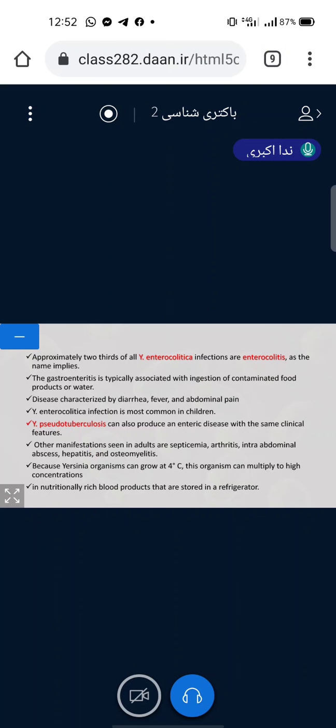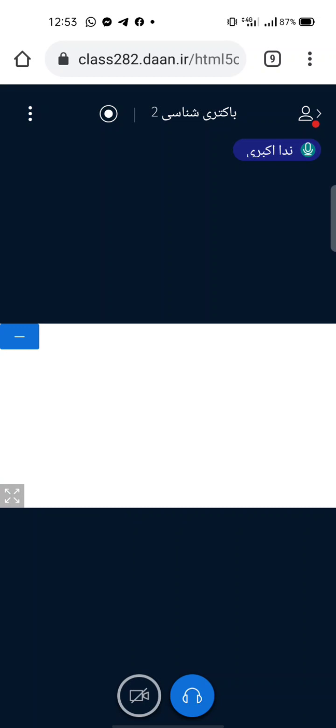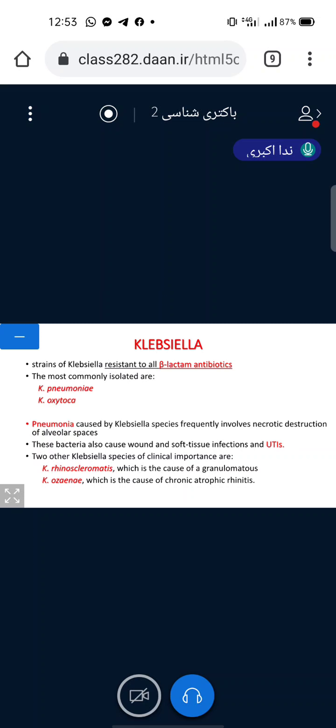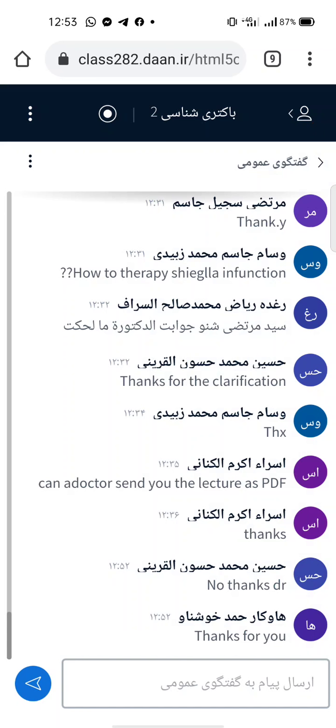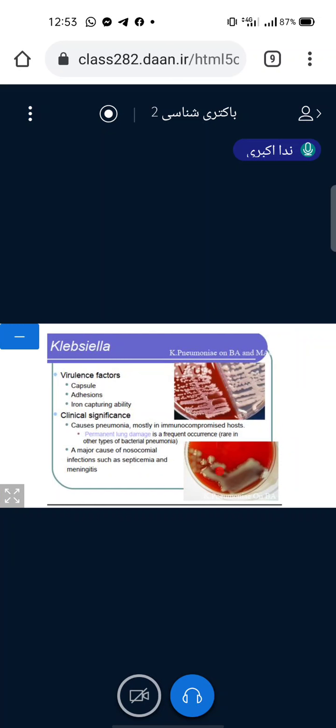For example, in this family, we have Klebsiella, and about Klebsiella, all of you of course know. Klebsiella pneumoniae, the main cause of pneumonia. I'm sure you see in the laboratory the mucoid appearance of these bacteria.